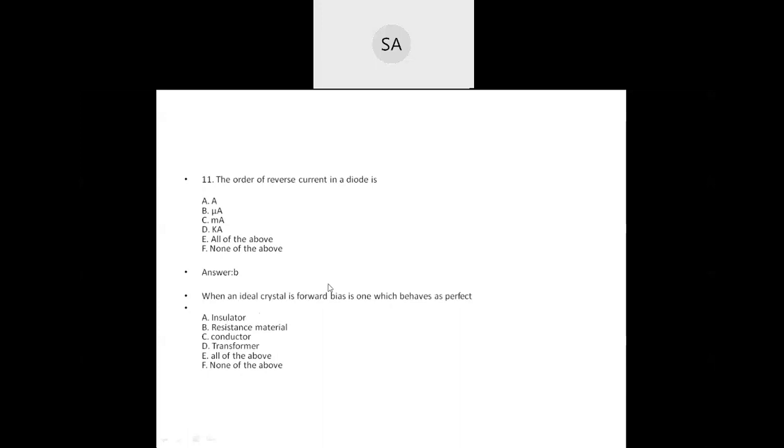Because whenever the diode is forward biased, the current flows. And it will not act as a resistance material. Whenever the diode is in forward bias, it will conduct and the current will flow. The diode will never act as a transformer, and all of the above and none of them do not apply. So the correct answer is C.